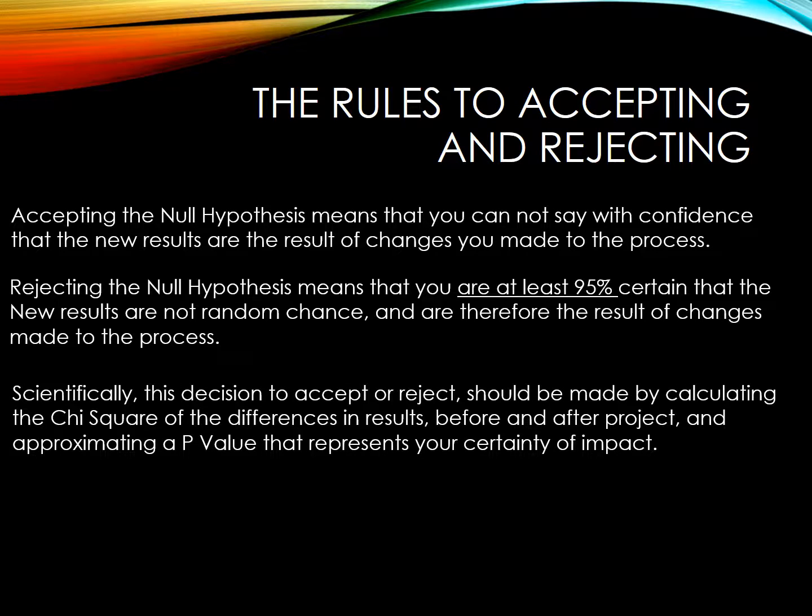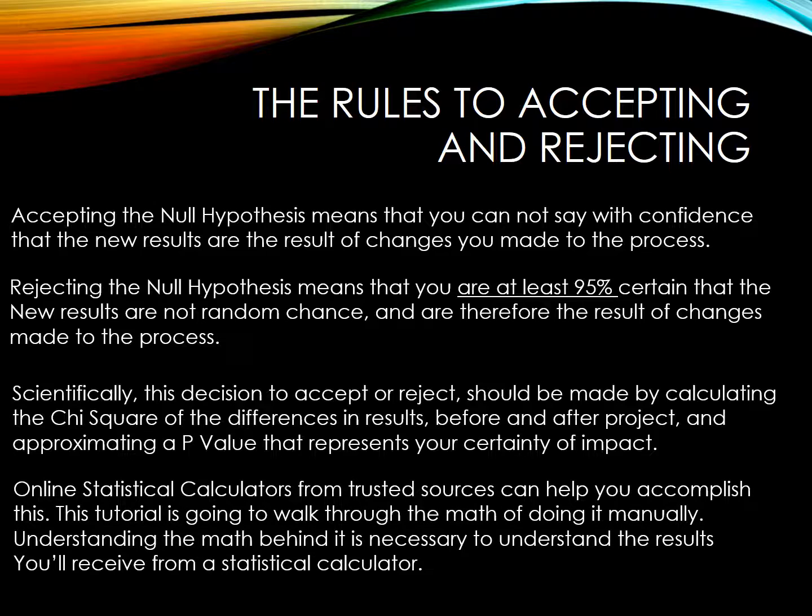Scientifically, this decision to accept or reject should only be made by calculating a chi-square off the differences in results before and after your project, and then you approximate a p-value that represents how certain you are. We're going to walk through all of these steps. It is not nearly as complicated as it sounds. There are tons of online statistical calculators.